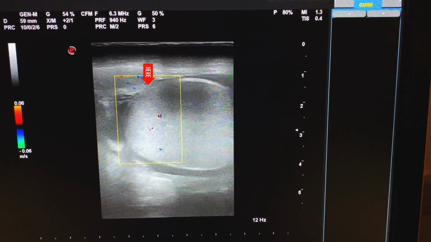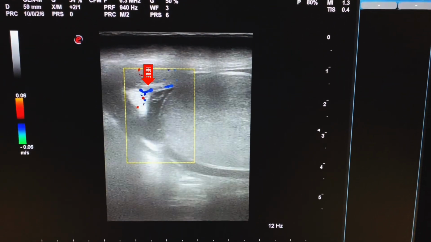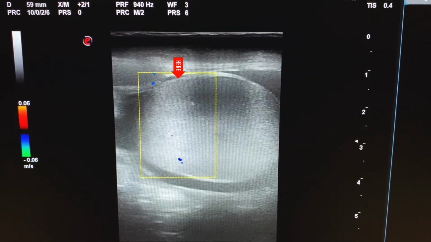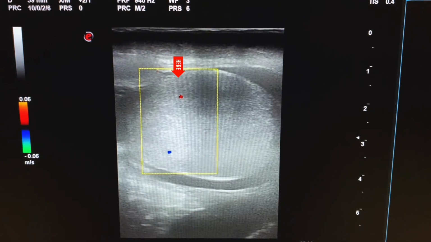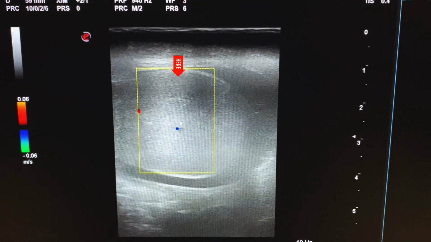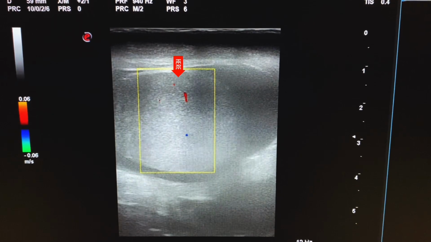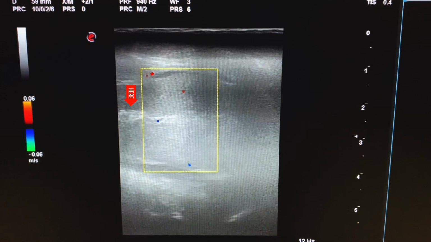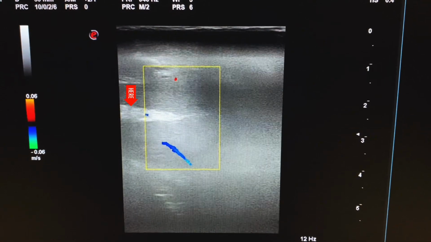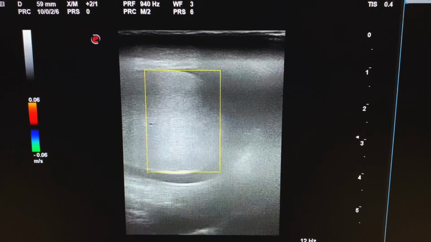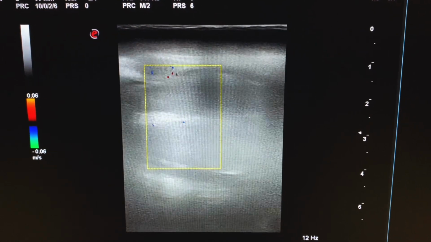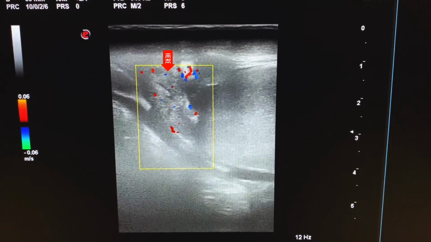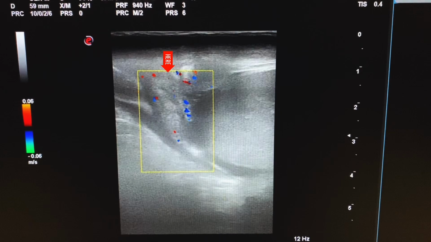Now we see the blood flow is increased in the whole testis. Here we see the central echogenic hilum. The blood flow is also increased in the epididymis.